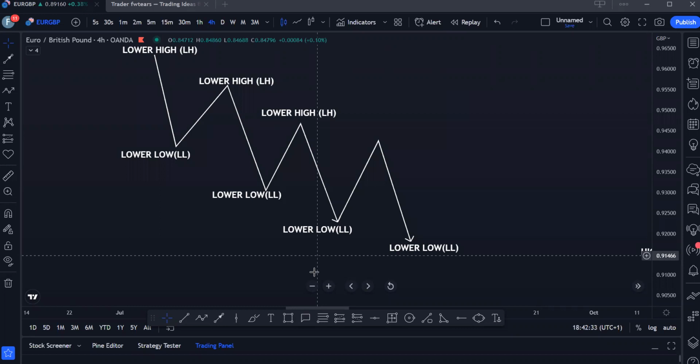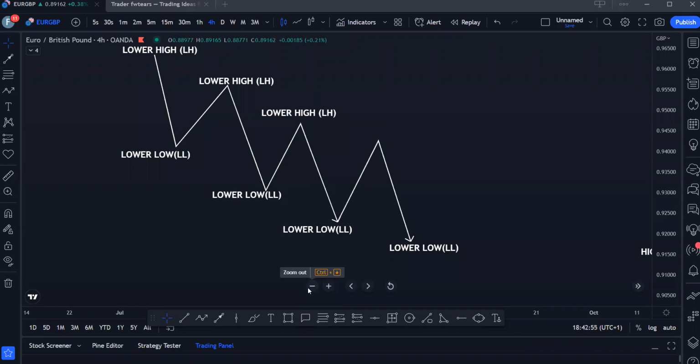Okay, so what is the essence of teaching, of knowing about lower highs and lower lows, uptrend and downtrend? It is because we want to know the ideal points to be buying or selling in the market.